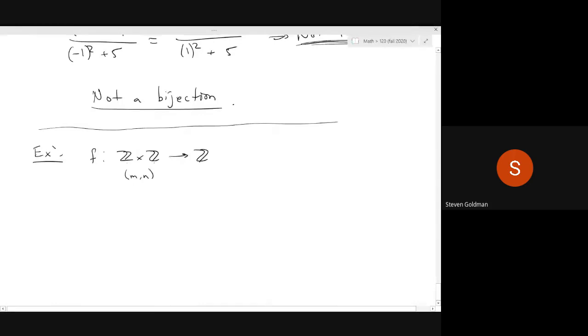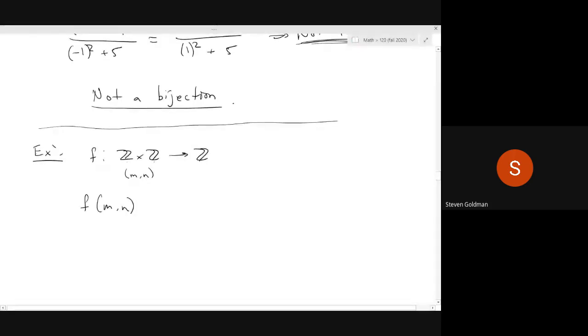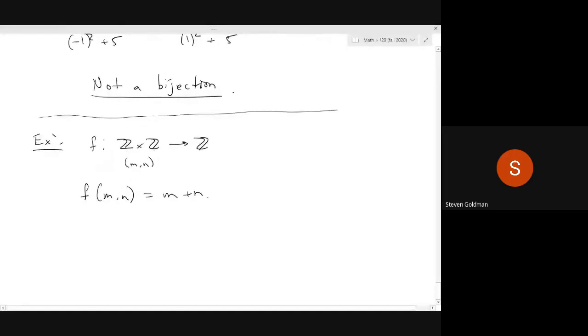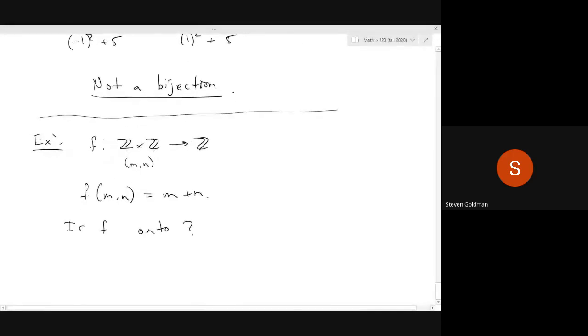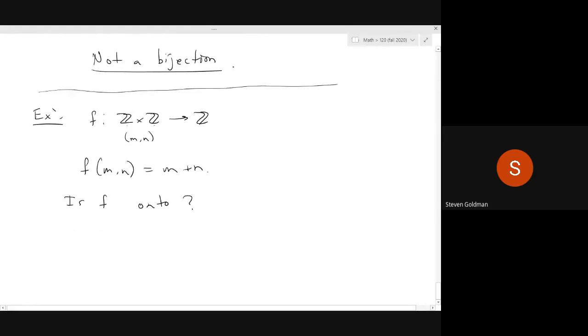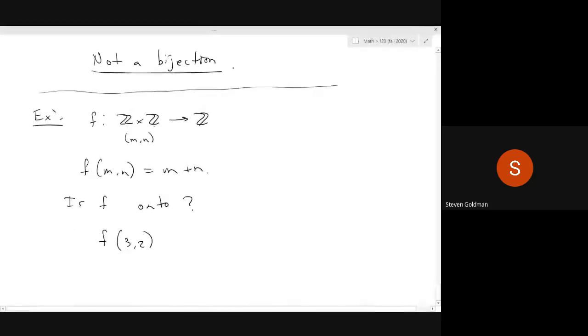Let's say my function f of m comma n is equal to m plus n. Is f onto? Here I'm plugging in two integers and getting out an integer. For example, f of 3 comma 2 is 3 plus 2, which is 5.